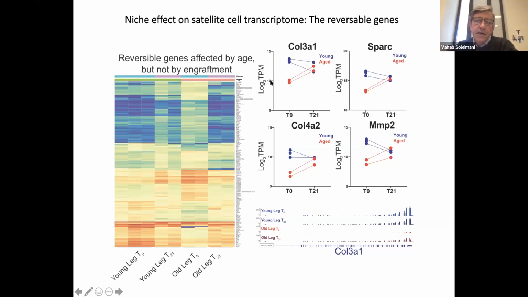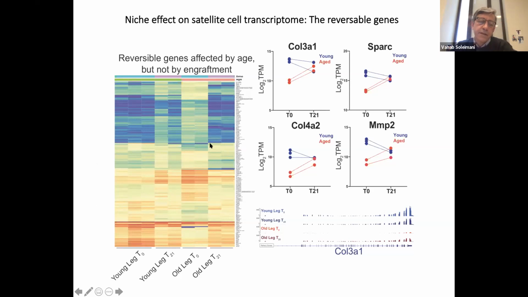So what we find here, these are the genes that are actually changing. Here, young T0, for example, these are a whole bunch of genes that are repressed under normal conditions in the young mice. We know that in the old T0, these are the genes that are going up. Yellow, red means it's going up, blue means down. But what is interesting is that most of these genes are actually restorable to the original state. It's independent of just the transplantation.